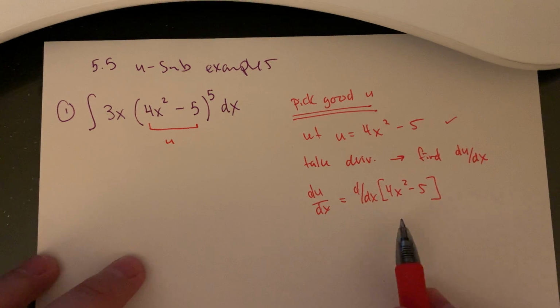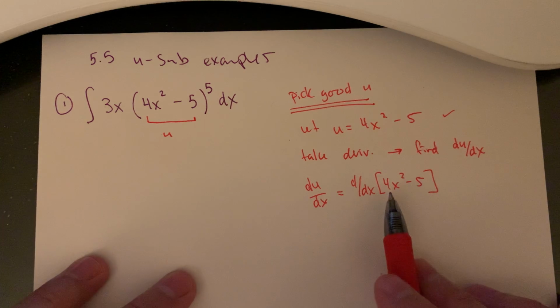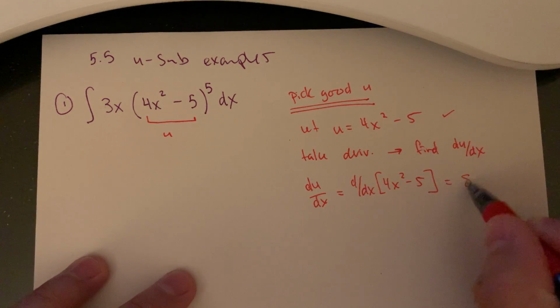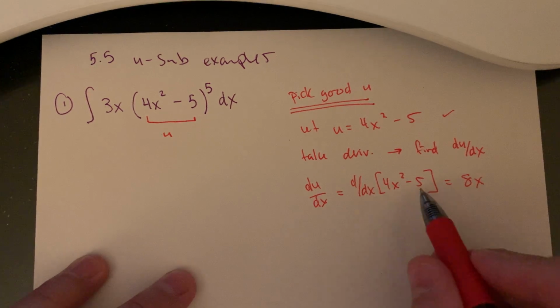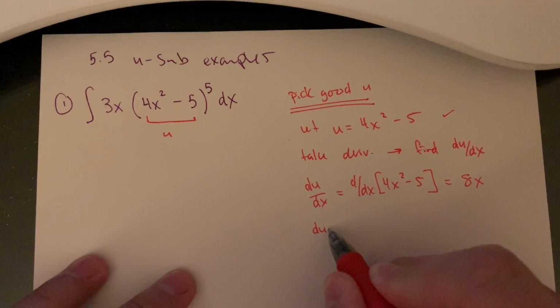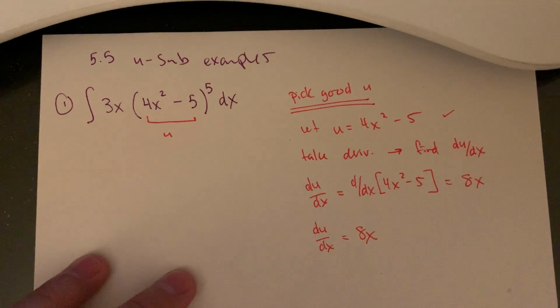This is a relatively simple piece, just a nice power rule: 2 times 4 is 8, x to the 1, minus 5, the derivative of the 5 is going to be 0. So the setup here is du over dx equals 8x.